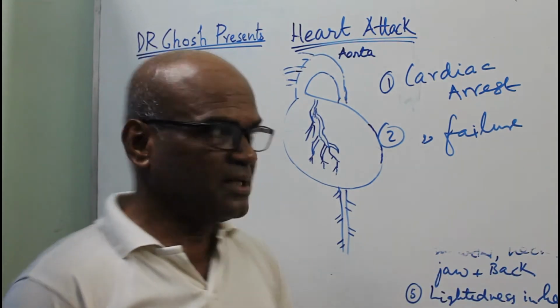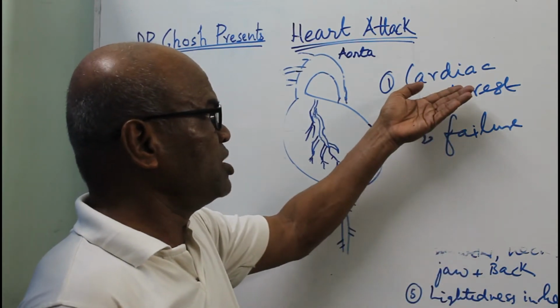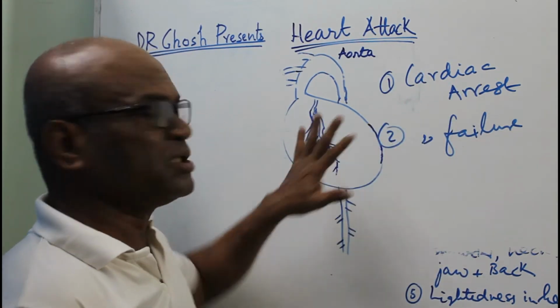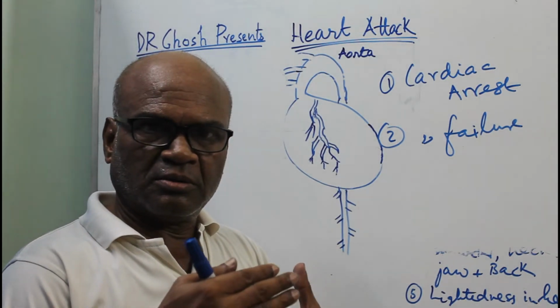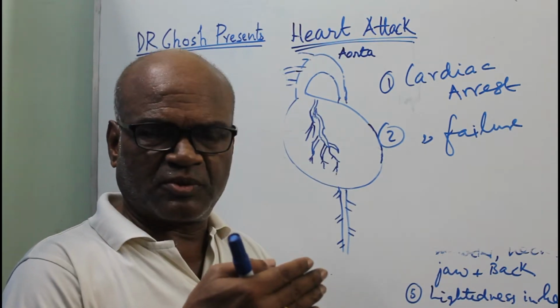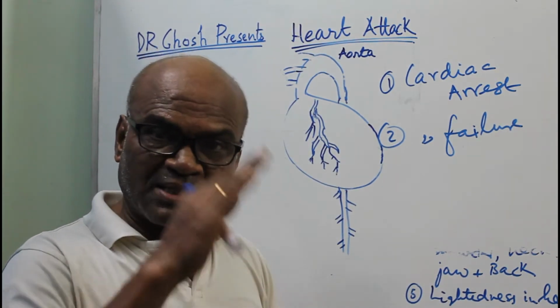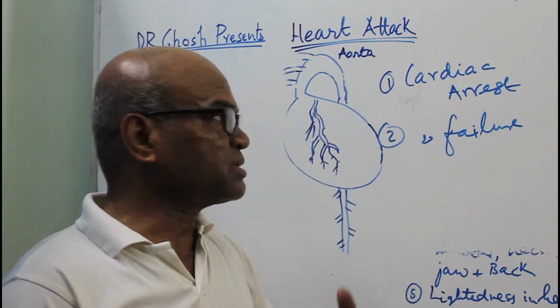In that case, the heart may suddenly stop altogether, because when the electrical system is disturbed, the rhythm of the heart, we know that heart pulsates 75 times a minute, that pulsation goes up, pulsation goes irregular, it may suddenly stop.